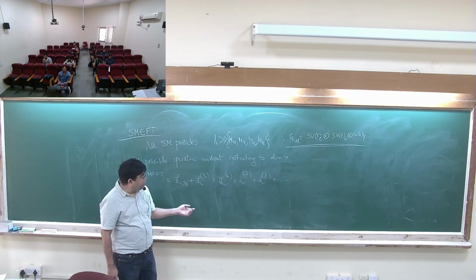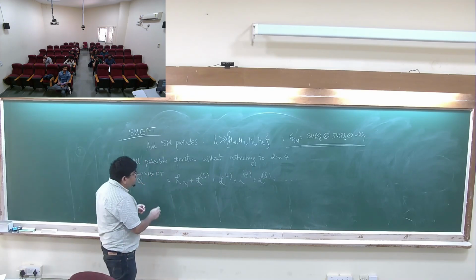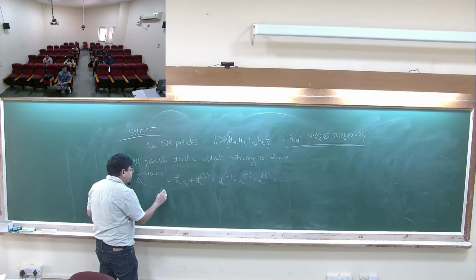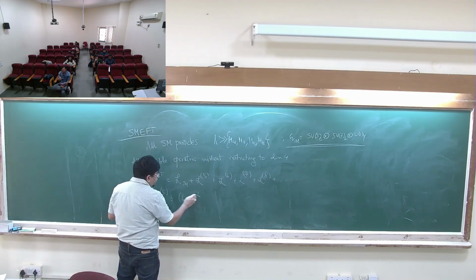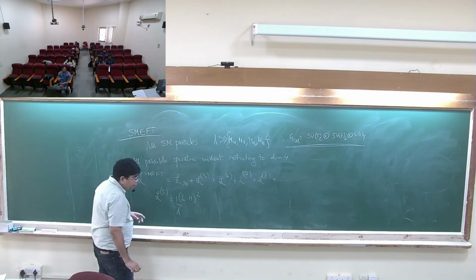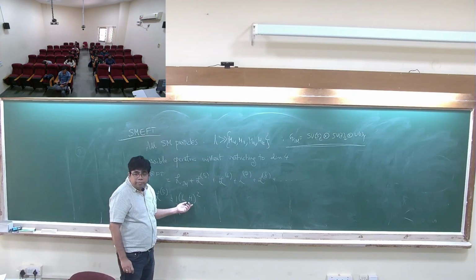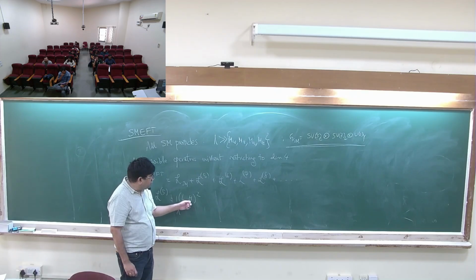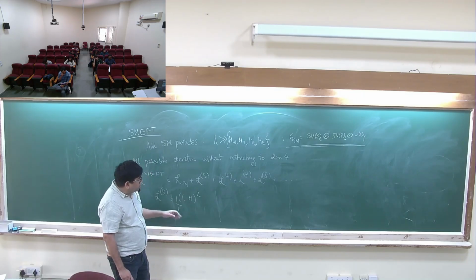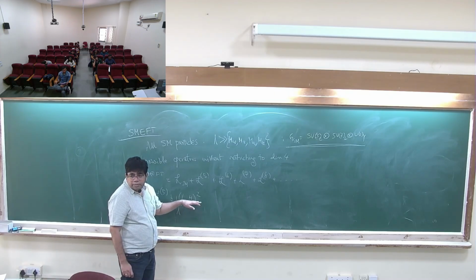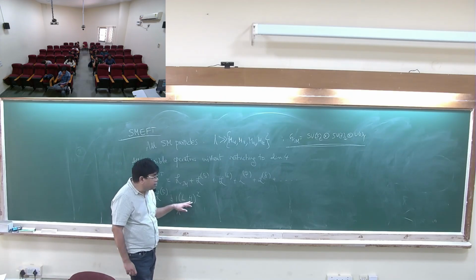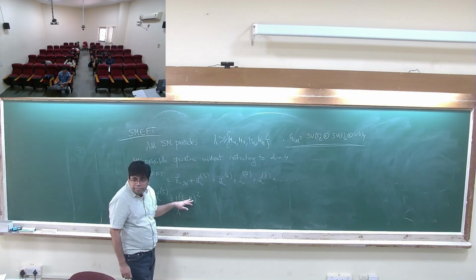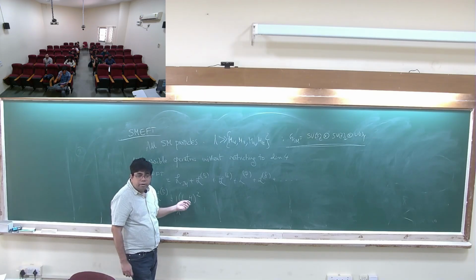For example, dimension 5 operator L5 is a lepton number violating operator, called LH square essentially, or LH. The point here is that the lepton and the Higgs have identical quantum numbers, except that one of them is a scalar, another is a fermion.